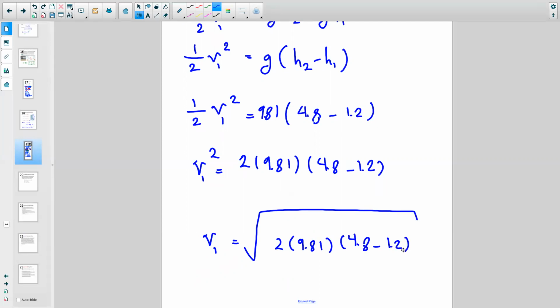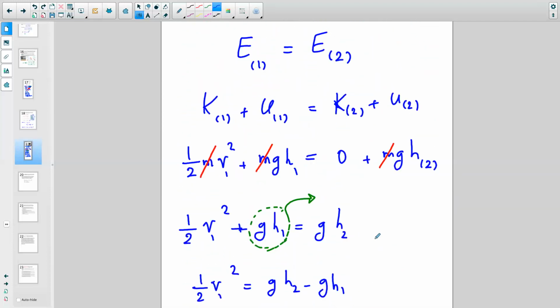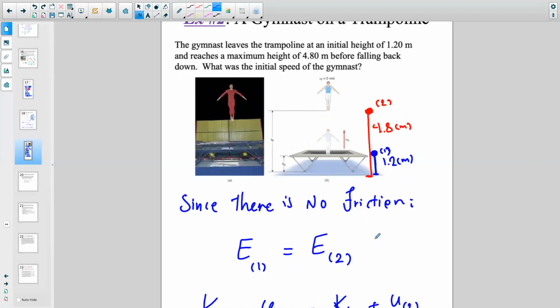And that's your velocity at that point. It is very, very easy to use conservation of energy in problems. It is very, very useful.